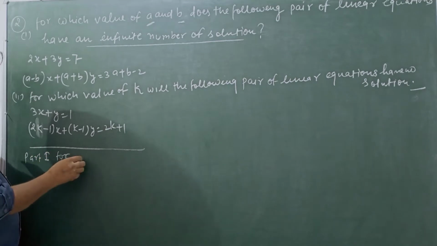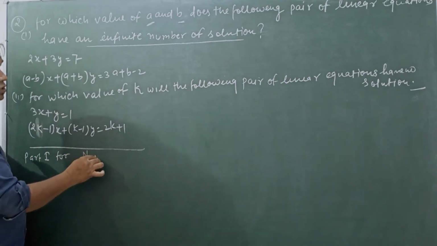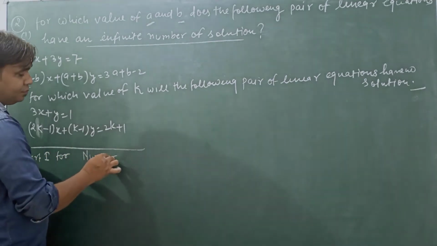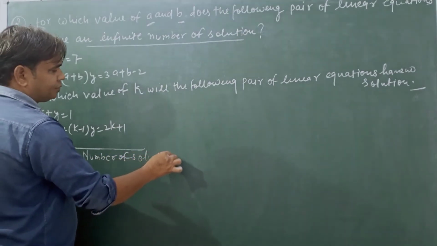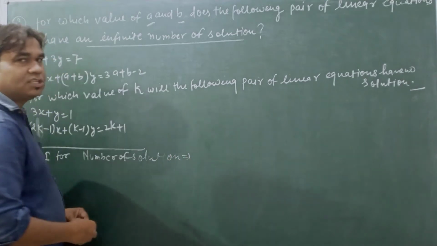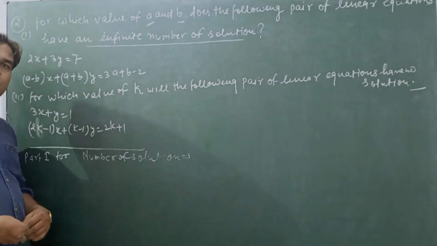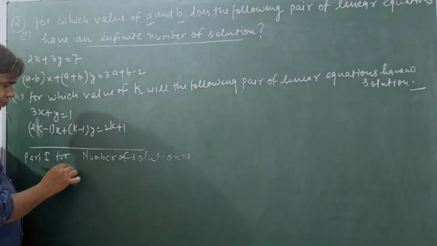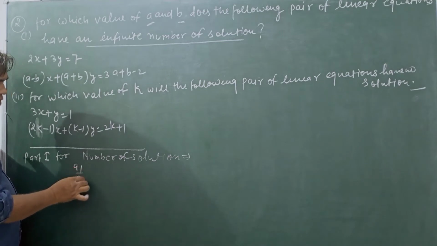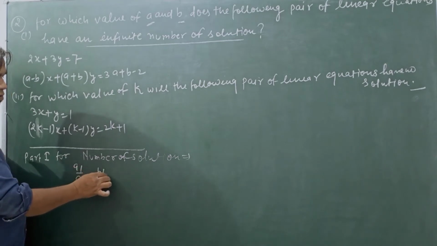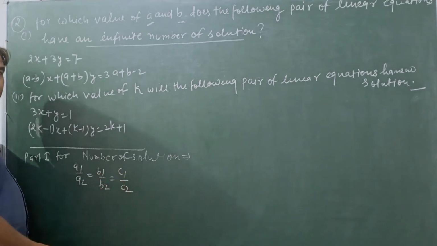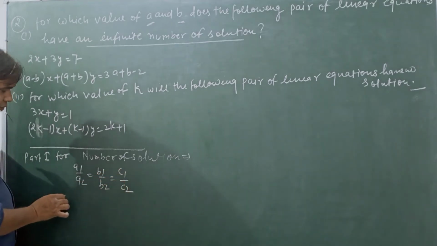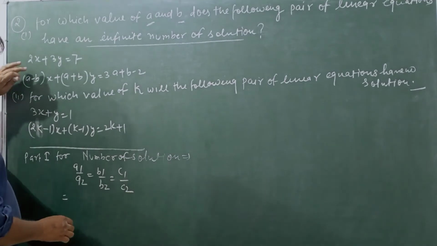For an infinite number of solutions, the condition of a linear pair of equations is a1 over a2 equal to b1 over b2 equal to c1 over c2.